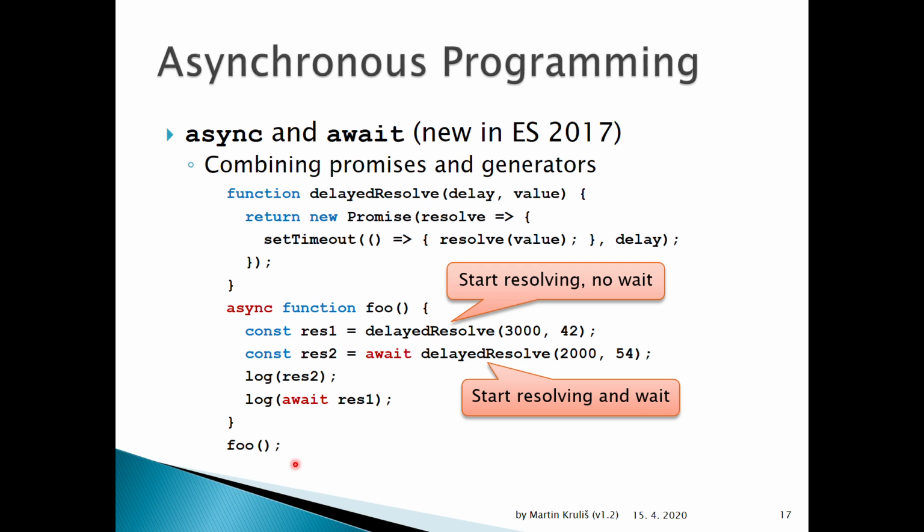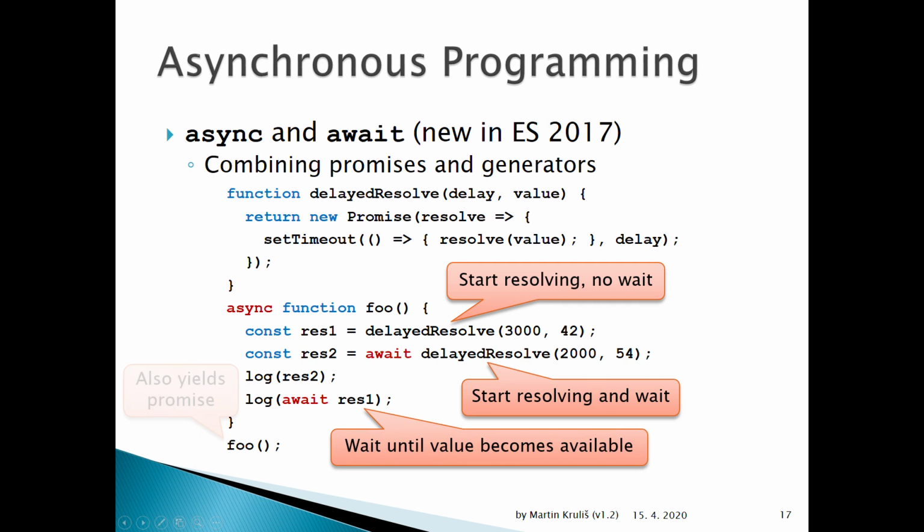Also, the asynchronous functions are modified in a way that they are also yielding promises instead of normal return values. So if this function is to return something, the async keyword will actually wrap the whole function in a promise. So basically, this will also yield a promise value.